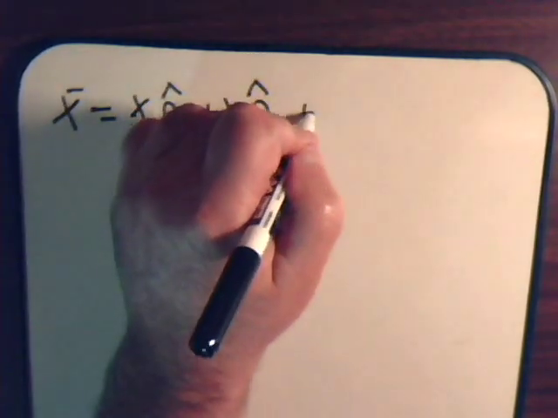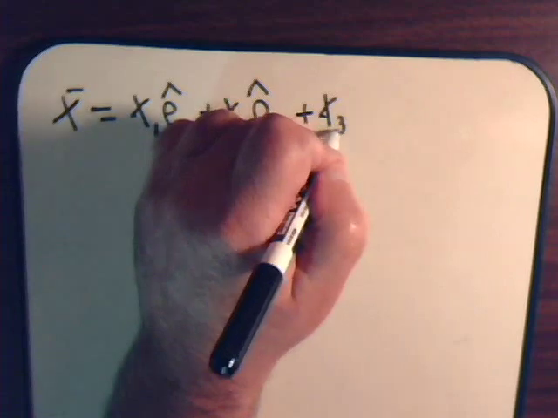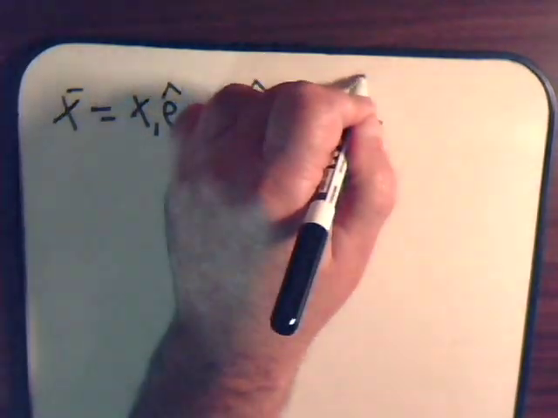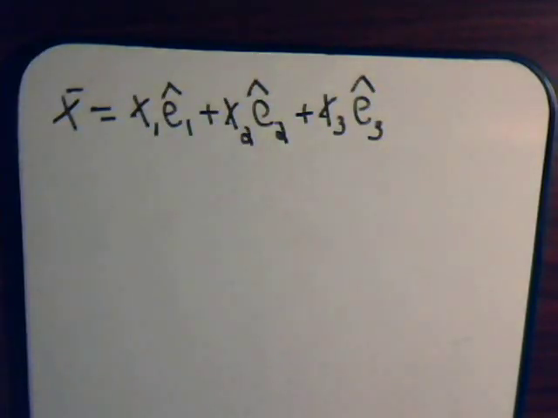It looks something like this, where E1, E2, E3 are unit vectors. They are also orthogonal to each other.